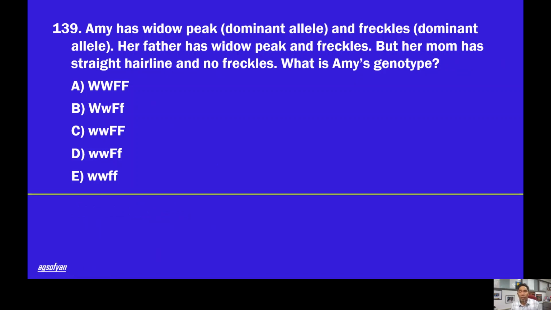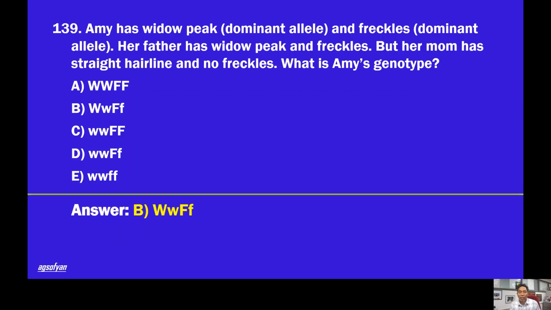139. Amy has widow's peak, which is a dominant allele, and freckles, which is a dominant allele. Her father has widow's peak and freckles, but her mom has a straight hairline and no freckles. So what is Amy's genotype? Choose your answer from the choices.